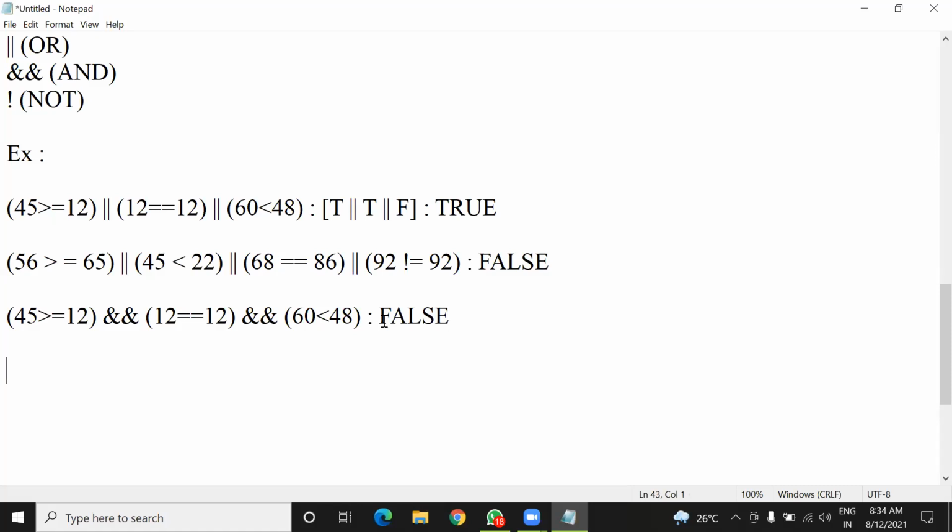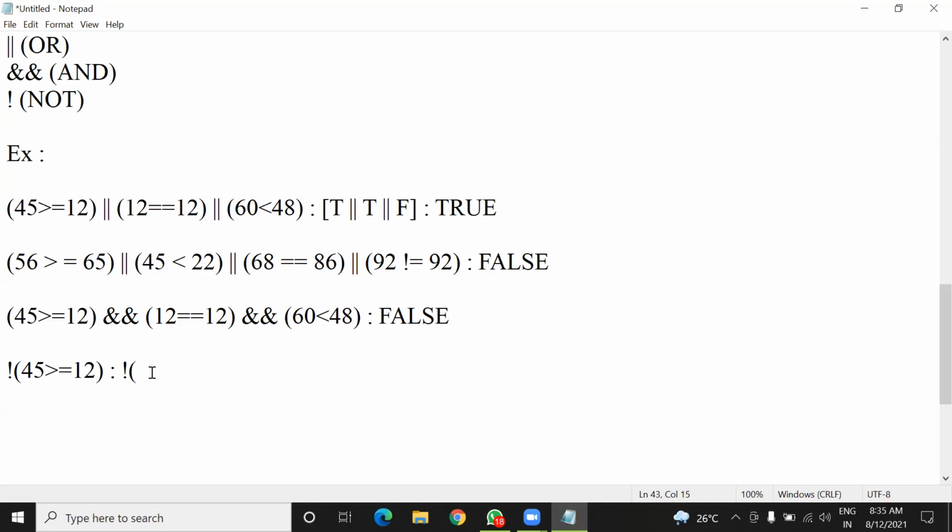Now let us see about the NOT operator. The NOT operator is also known as the inverter. Inverter means it will invert the result. So for example, if I take this expression and apply this NOT operator before it, what does it mean? 45 greater than 12, is it true or false?